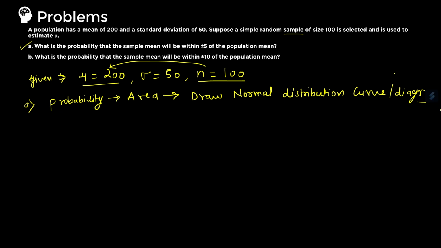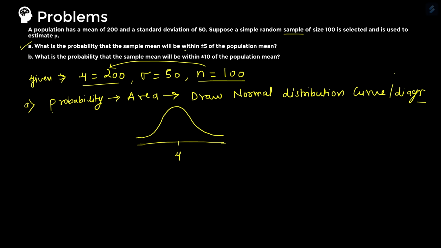So in this case, we will first draw the normal distribution curve. Then only we can understand this beautifully. So here is our normal distribution diagram, and our mu lies in the middle always, so this is our mu.